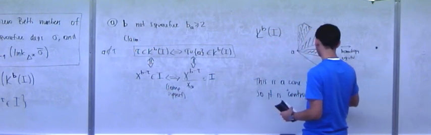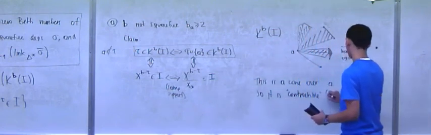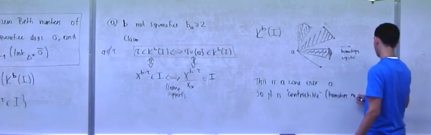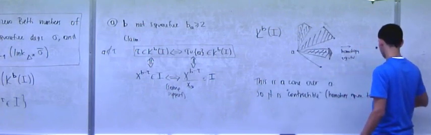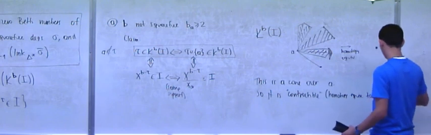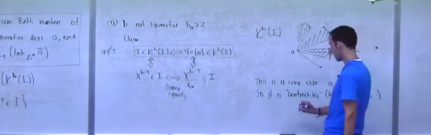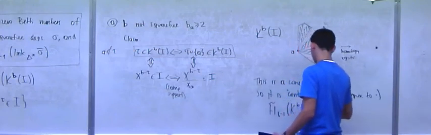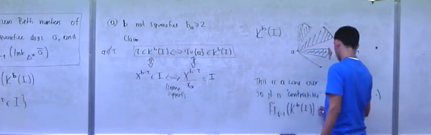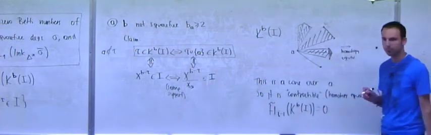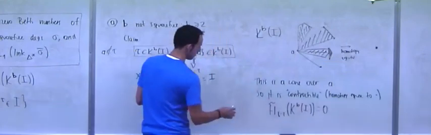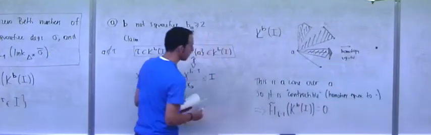Contractible precisely means homotopy equivalent to a point. And therefore it has no homology. Which is what I wanted to show, right?